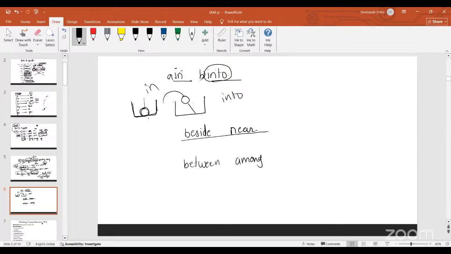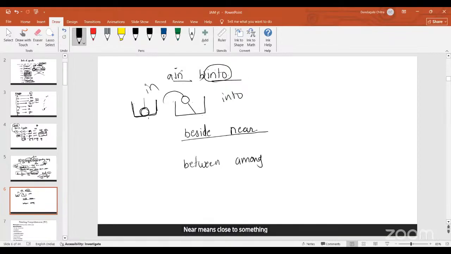How will you differentiate these two things if both these words are there in the options? Try it, no issues, whether it is right or wrong. Beside means side or next. Near means close to something.